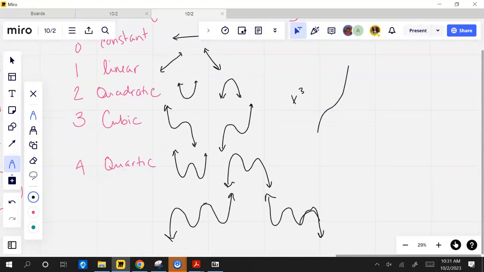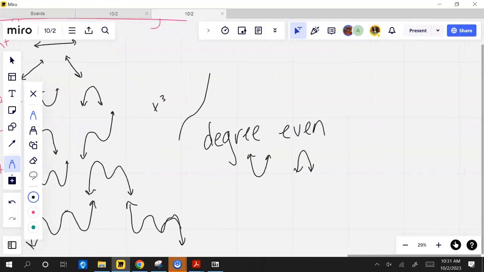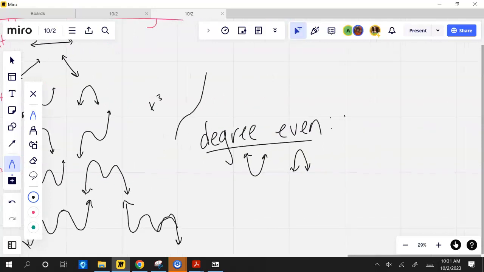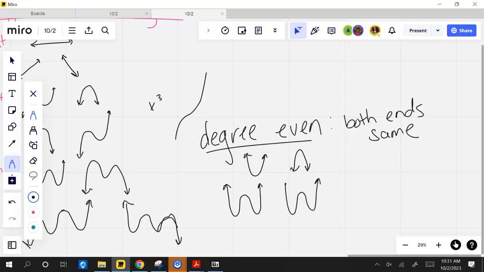So, in fact, let's write that down. If the degree is even, we know that either both of them go up or both of them go down, right? They go in the same direction. We said a quartic looks like that.